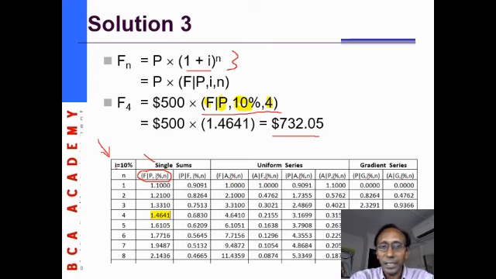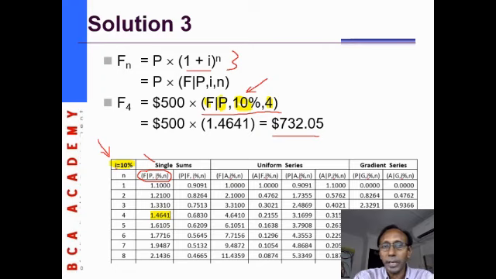So this is your factor to be taken from the table. How do I do it? You must start with the percentage interest rate. So the first thing that you have to do is page to the 10% page, where i is 10. Once i is 10, then you go to the next factor, which is the number of years.